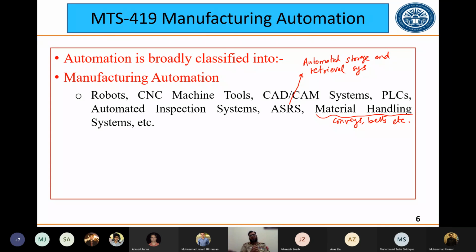This is the kind of factory which should come into your mind whenever you come across the word manufacturing automation. And one more thing related to manufacturing automation is service automation.